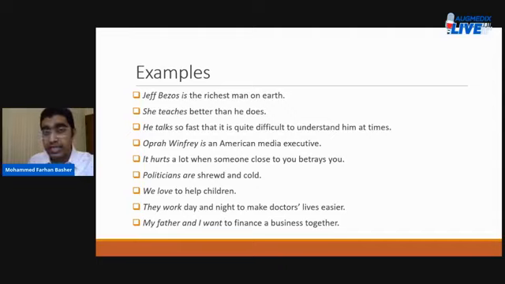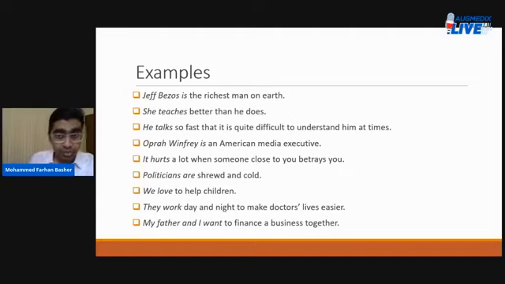Politicians are. Politicians, however, is a plural noun, right? So since it is a plural noun, the verb that follows must be in its plural form as well. Therefore, we have the plural are instead of is. Politicians are. We love. We, another plural pronoun. Therefore, the verb that follows is plural as well. Love. If we wanted to make the verb singular, then we would say loves.